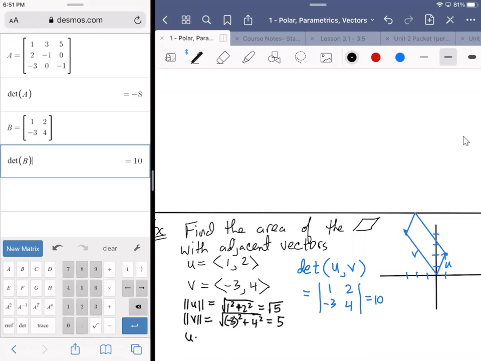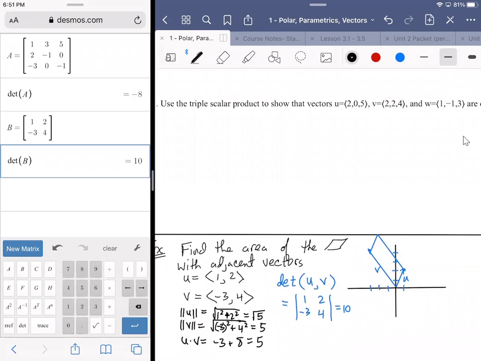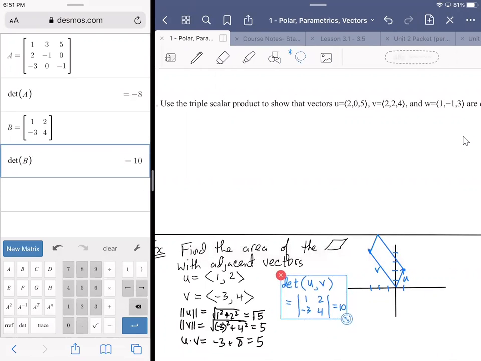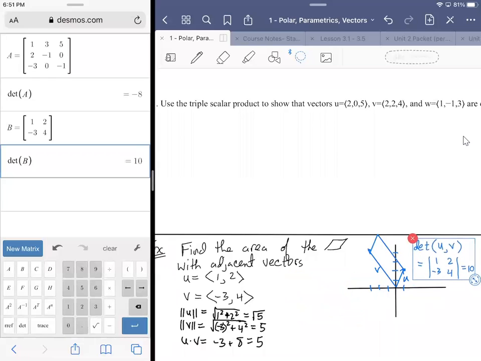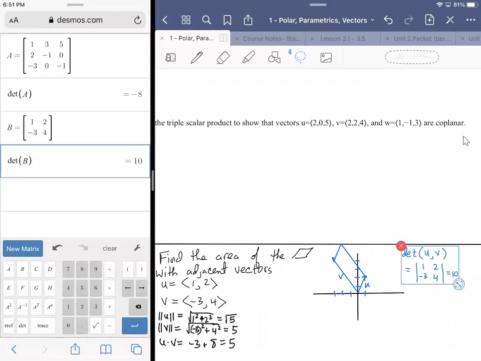And then U dot V. So the dot product of the two, -3 plus 8 is equal to 5. And you know what? As made up problems go, I don't think this could have got any nicer. In terms of the numbers, that's pretty solid. I'm just going to move that over, create a little more space.